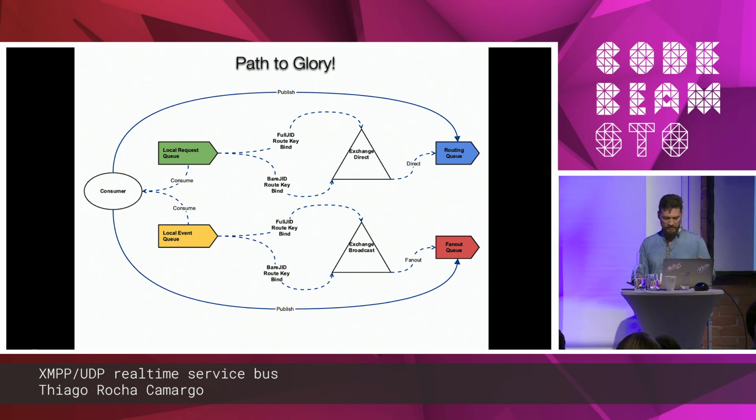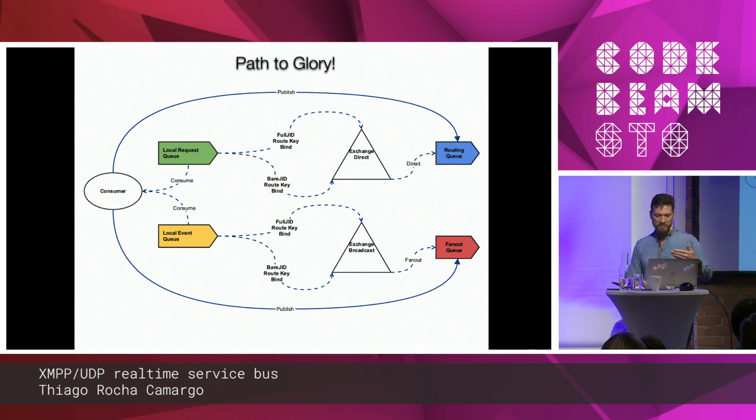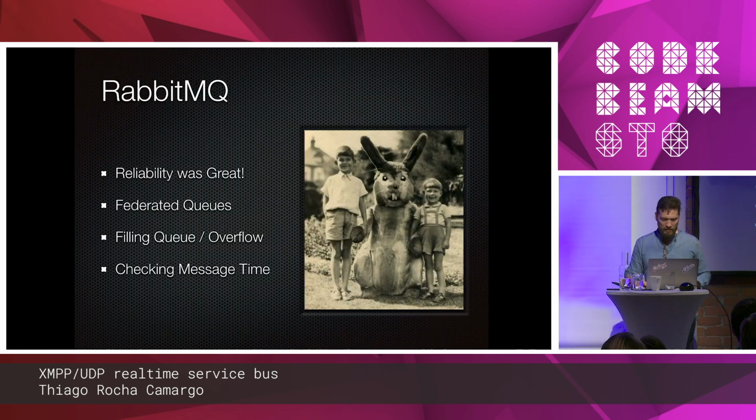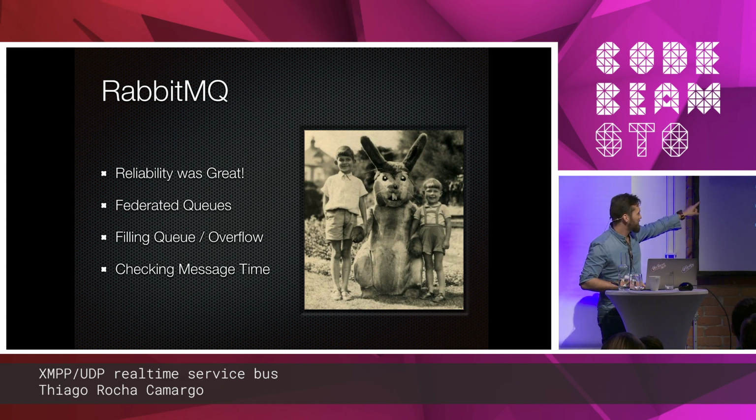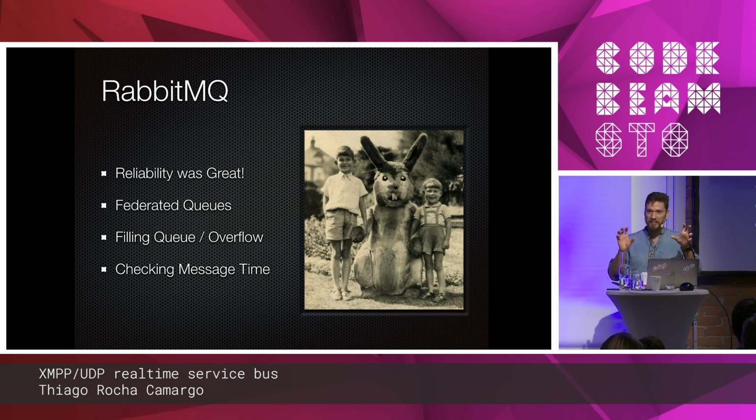And we had the initial case, which was having RabbitMQ routing XMPP traffic based on the JIDs and the from and the to, just regular standard XMPP. That was brilliant. So RabbitMQ was great. You can see on the picture we were friends for some time, and then they also had federated queues, which allow our multiple data centers to communicate in real time.